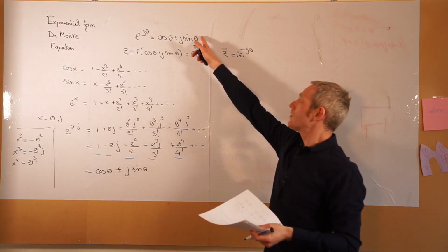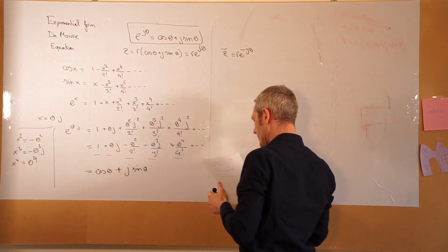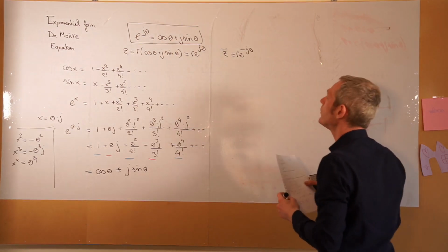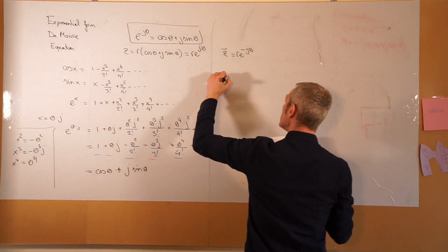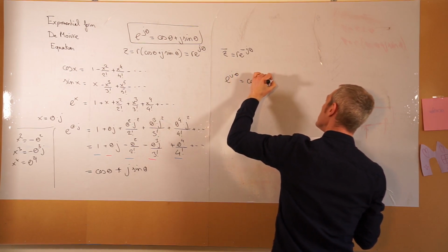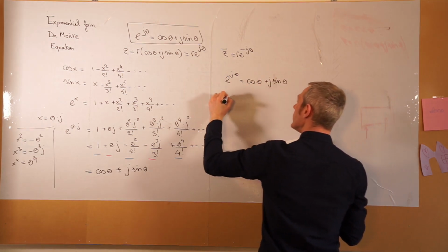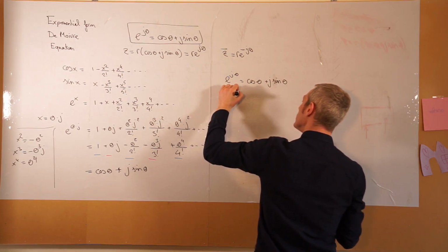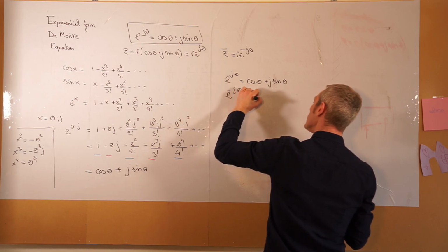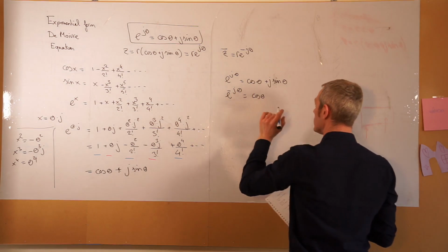So let's return to this identity here. If we look at e to the power of j theta equal to cosine of theta plus j times sine of theta, and we have e to the power of minus j theta is equal to cosine of theta, because cosine of minus theta is the same as cosine of theta.